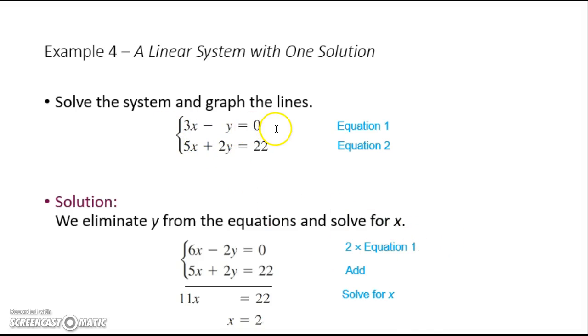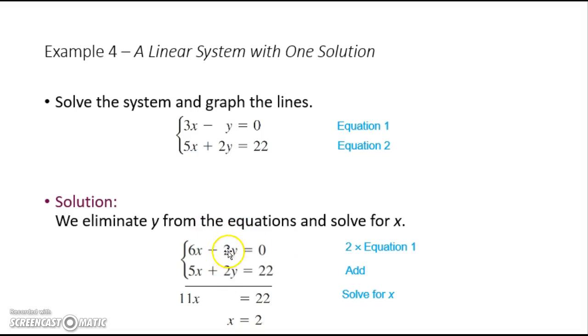If we look at equation 1, we already have a minus y, so we could multiply every term in this equation by 2, and that would give us a negative 2y. So 3x times 2 is 6x, negative y times 2 is negative 2y, and 0 times 2 is 0.